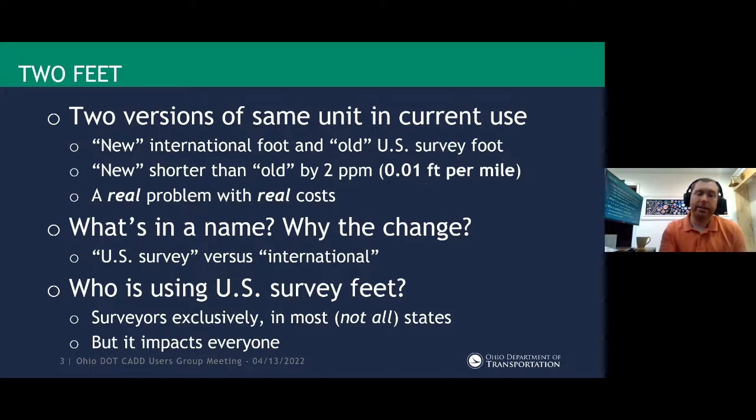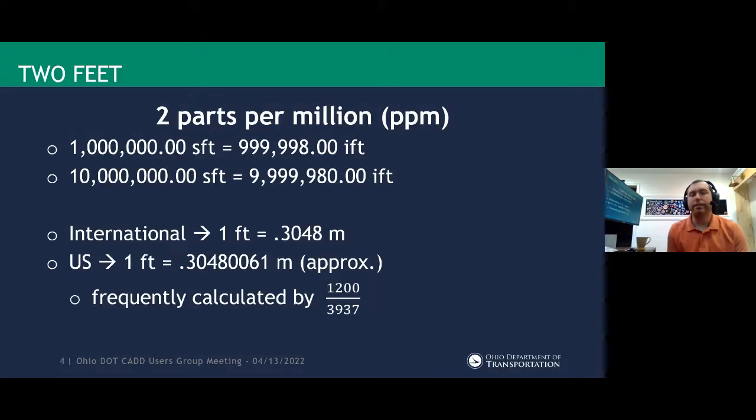But this is going to end up impacting everyone, especially when we start looking at historical documents and things like that. I mentioned the difference between the two foot definitions, and that's 2 parts per million. So in a million U.S. survey feet, we're only going to have 999,998 international feet inside of that definition. So it's a little bit shorter distance.